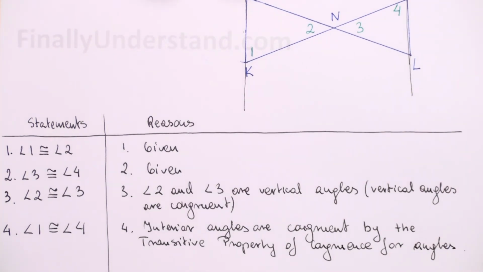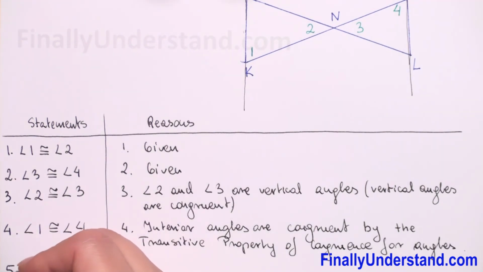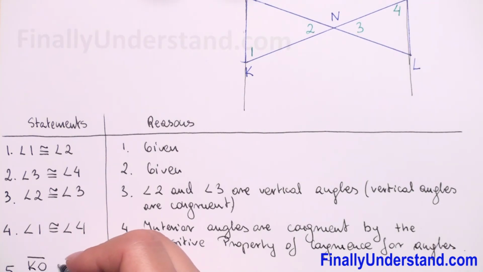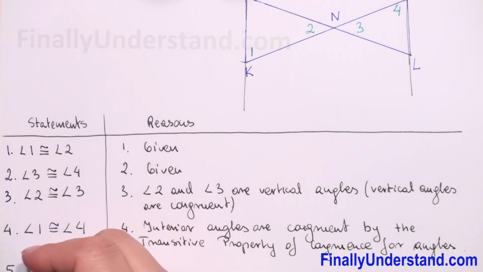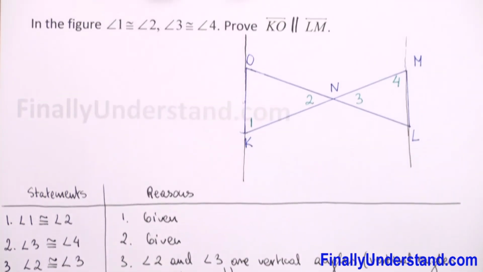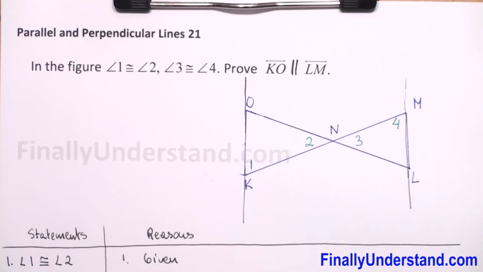It means that lines KO and LM are parallel. Why? Let's look again at the diagram.